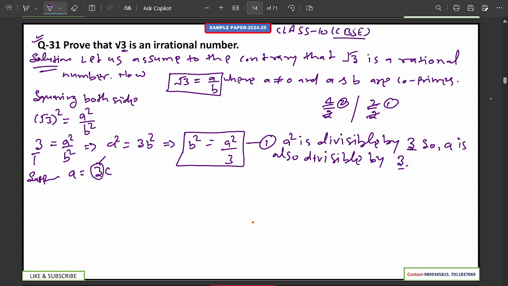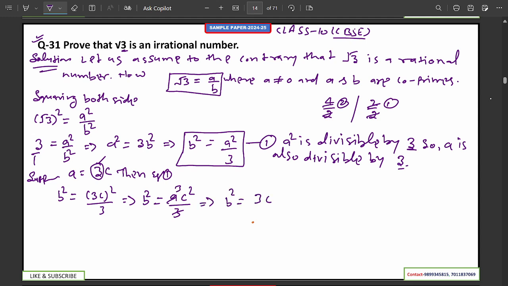So suppose a is equal to 3c. Then equation 1 becomes b square is equal to 3c whole square over 3, so 9c square over 3, which becomes 3c square.